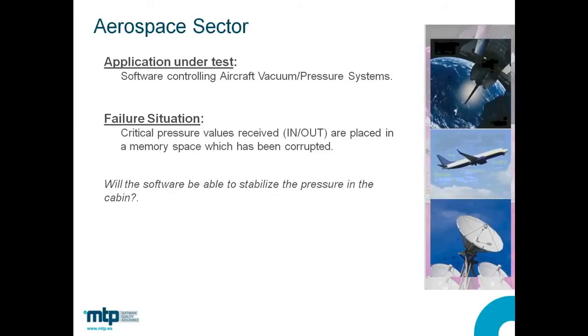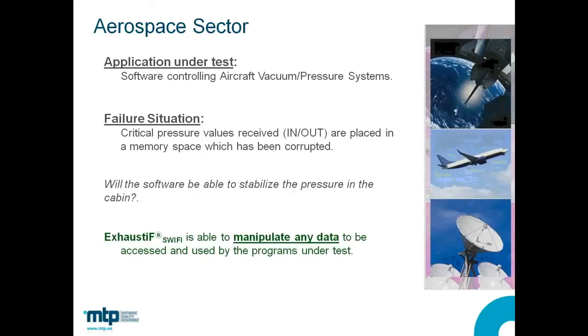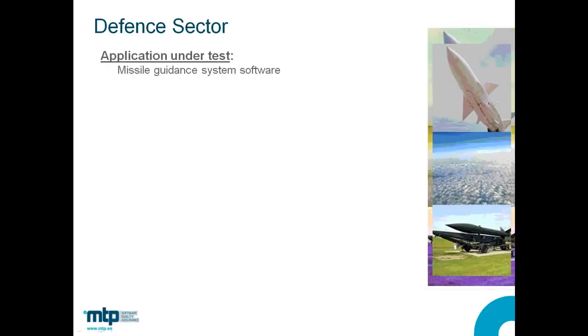In the real world, this error could have serious consequences. The application would need to have error recovery routines to use in such circumstances. Exhaustif SWIFI is able to manipulate and corrupt any data which will be accessed and used by the programs under test.